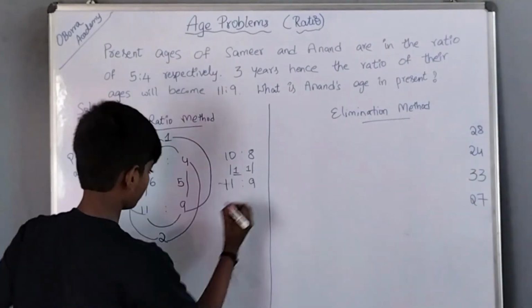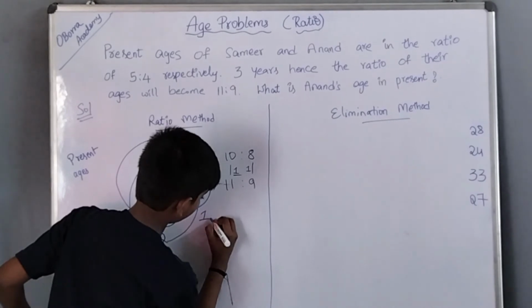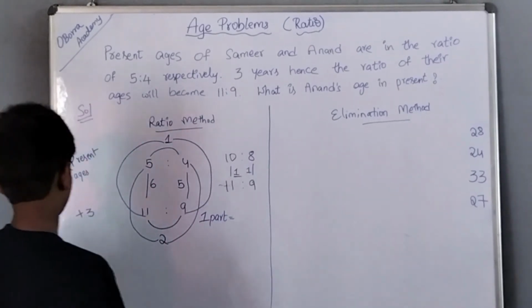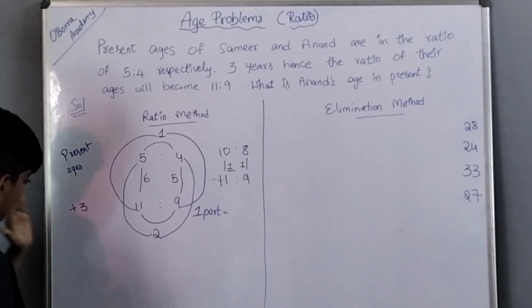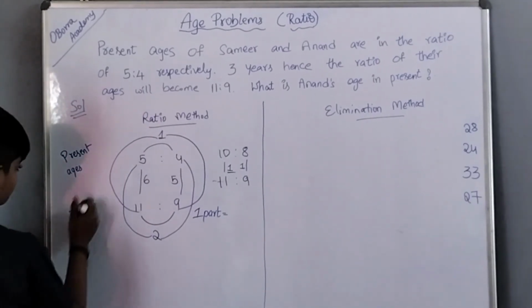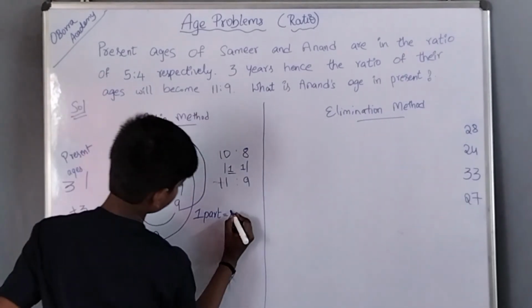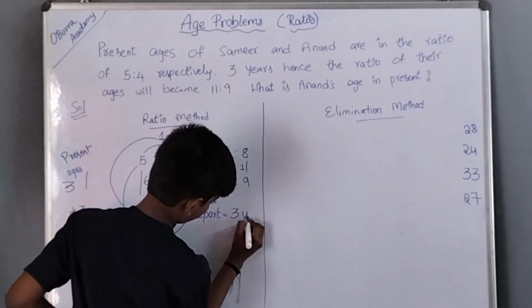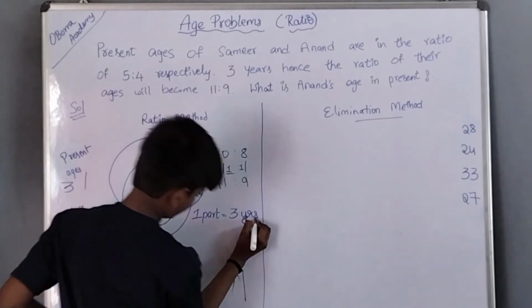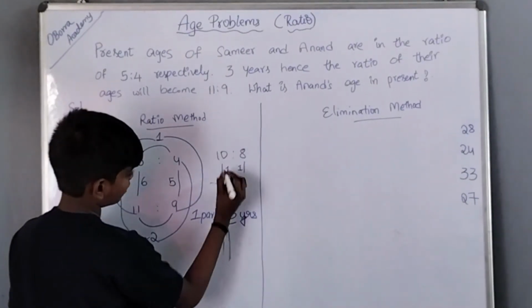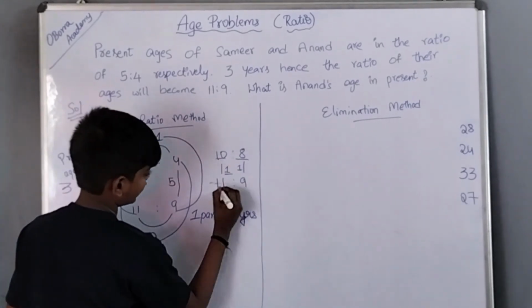So here 1 part equals how many years? So here the present age and after 3 years, the difference between the present age and the 3 years is 3. So 1 part equals 3 years. So with this 3 we will have to multiply all the numbers 10, 8, 11 and 9.